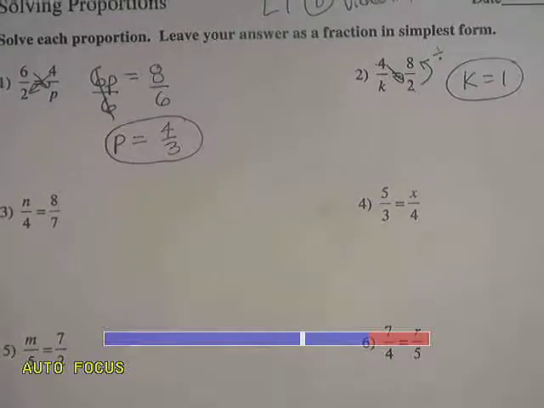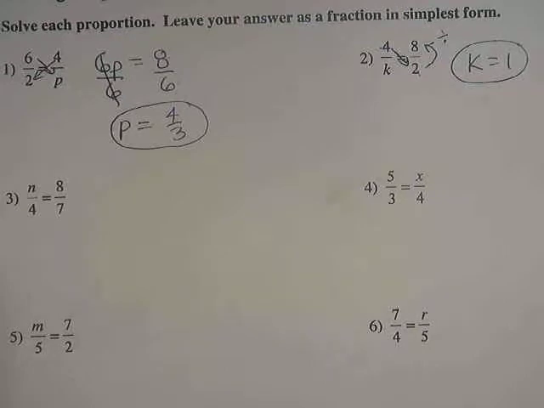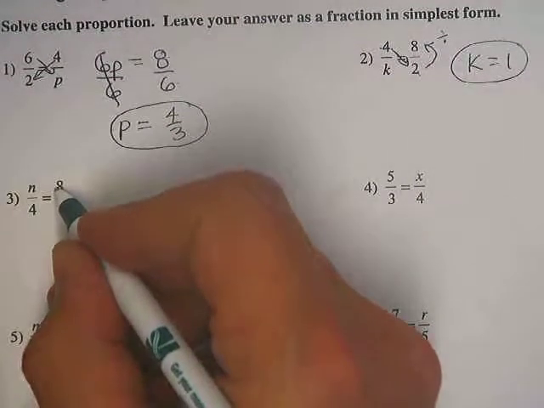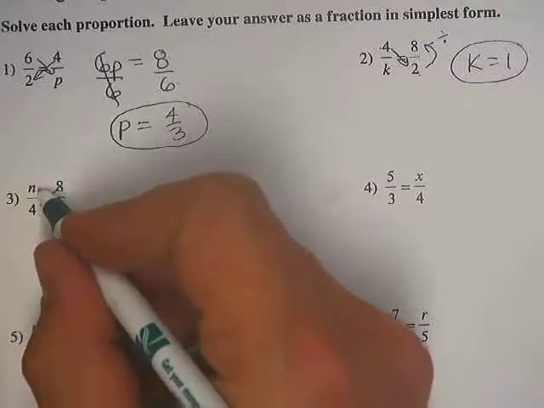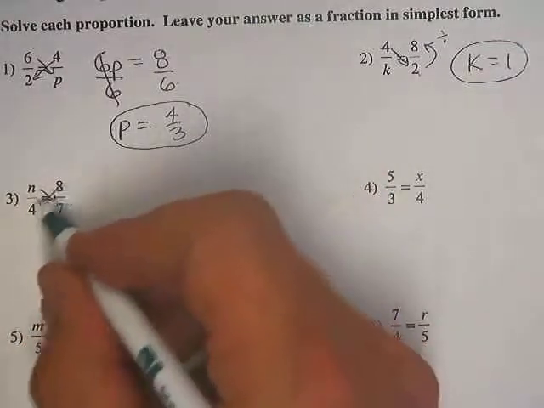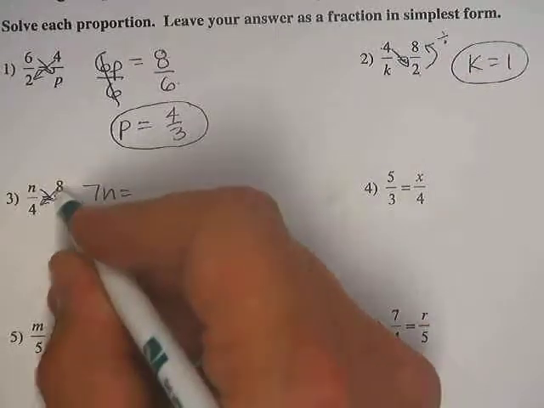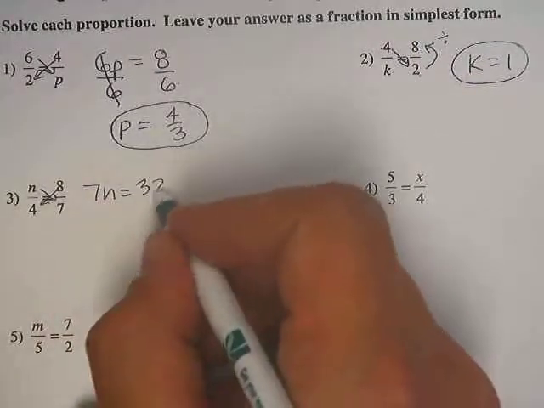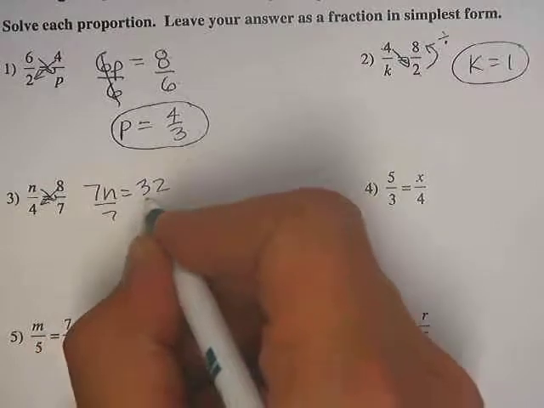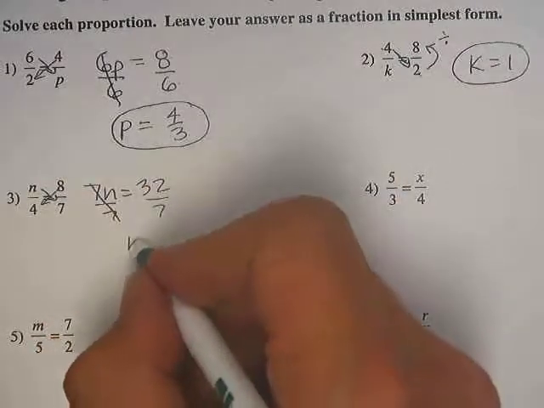Let's zoom out just a little bit. Maybe a little bit more. I'll show you both methods one more time, and you can use either one for several of these problems. 8 times 4 is equal to n times 7. Doing it this way, I'd have 7n is equal to 8 times 4, which is 32.